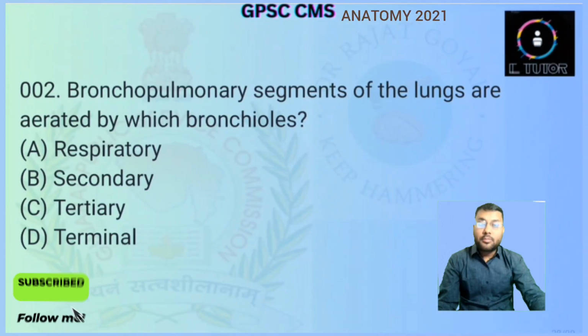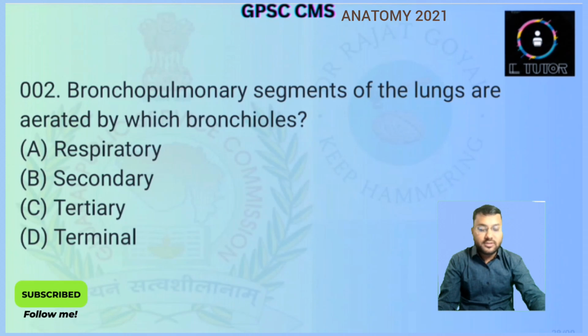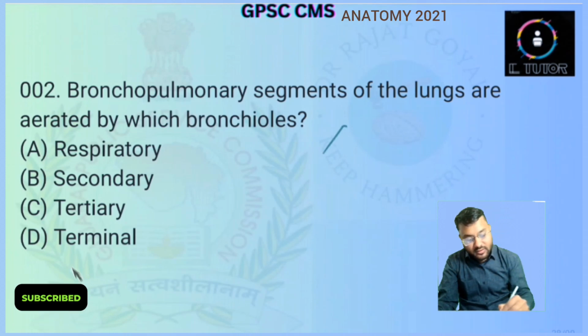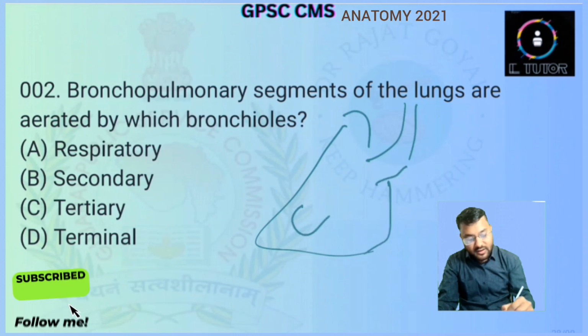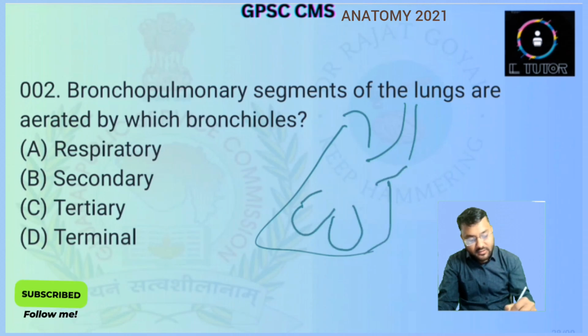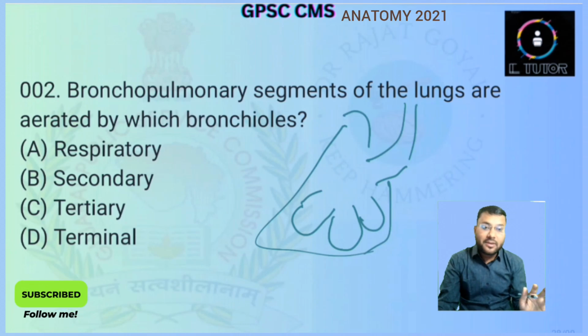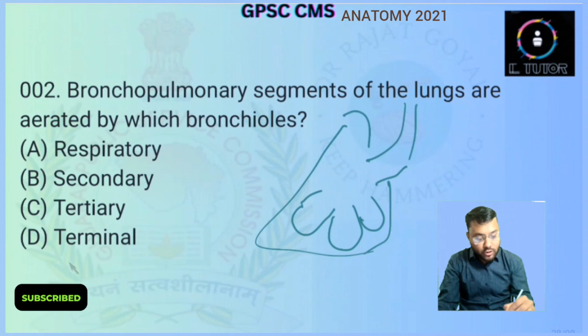Next question: bronchopulmonary segments of the lungs are aerated by which bronchioles? If we talk about the lung, these are the bronchopulmonary segments. They are mainly aerated by the tertiary bronchiole.